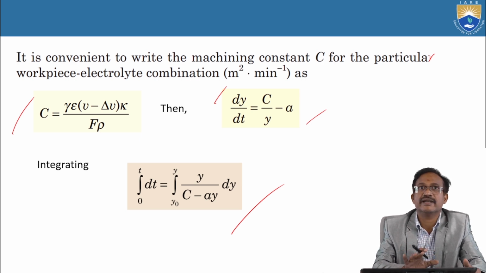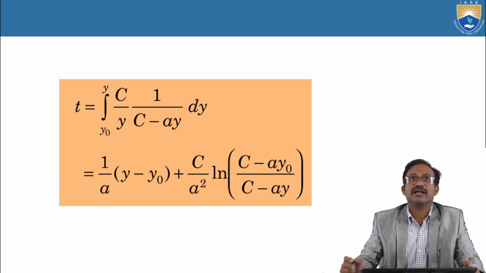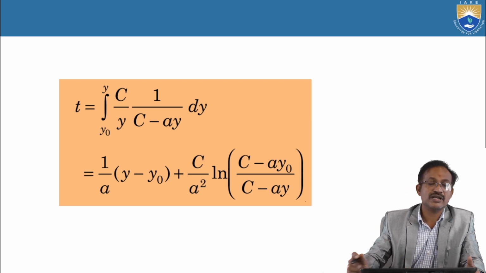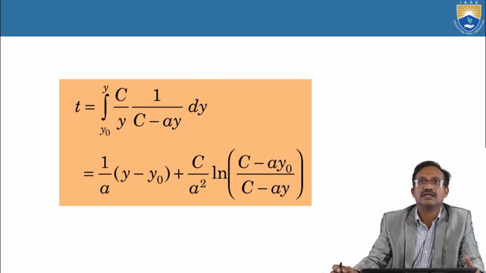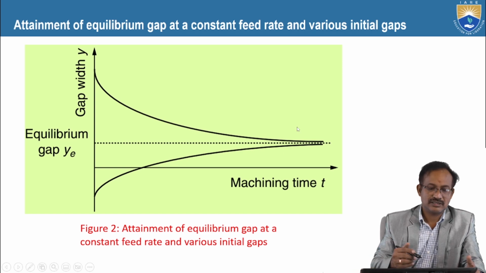Students should be able to understand, and you can derive from the beginning of the equations. And t here, with y0 to y limits, this will be like this. So this will be the final equation for t.